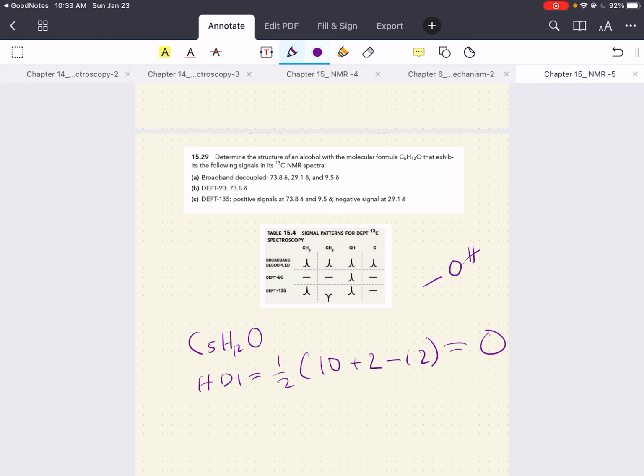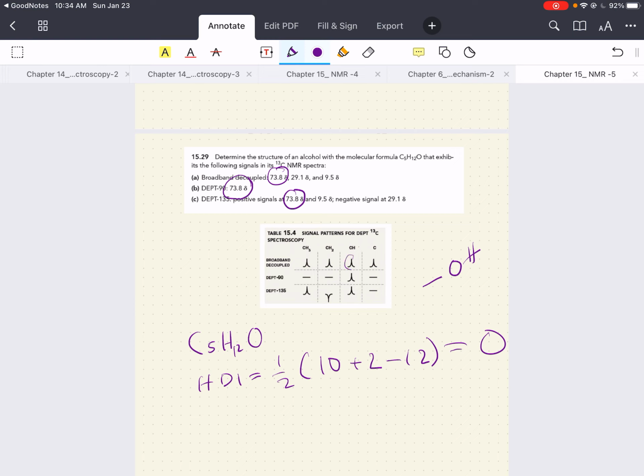Now what we want to look at is this information they've given us. They've told us that we have this broadband decoupled peak at 73.8 that we also see again in our DEPT 90 and again as a positive signal in our DEPT 135.